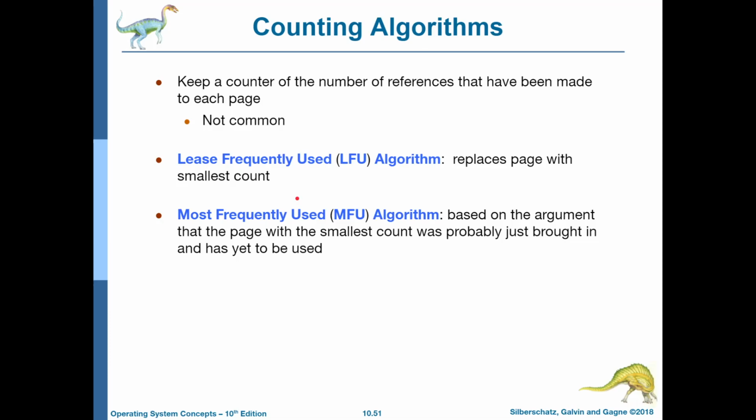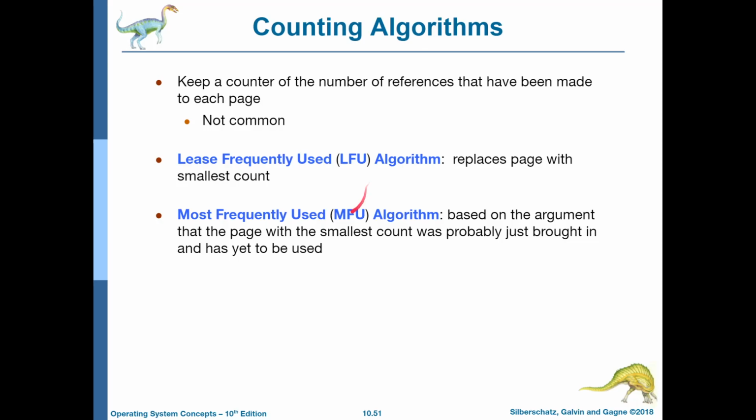There are counting algorithms as well, where we keep a counter of the number of page references. This is not common simply because hardware generally doesn't support this kind of operation. Most memory management units are not going to take the time to increment a counter within a page table entry, but it allows us to use an algorithm called least frequently used, which looks for the smallest counter value and replaces it.